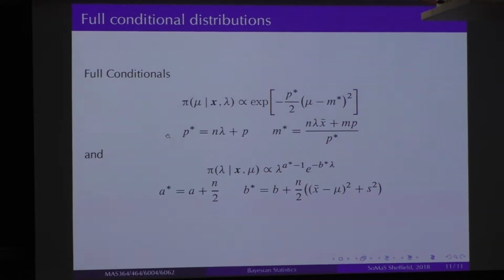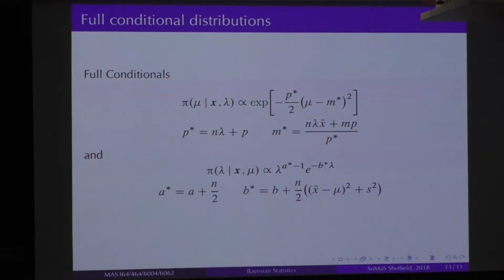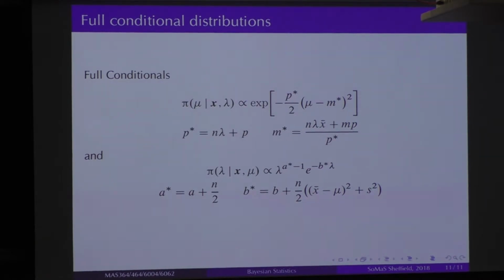Okay. So if we want to do MCMC, we have two options. One option would be to have a proposal distribution to sample the mean and the precision at the same time and use Metropolis Hastings to do that. If we want to do that, we need a proposal distribution in two dimensions, one for the mean, one for the precision, and that proposal distribution should be defined in all the reals cross the positive numbers, right?